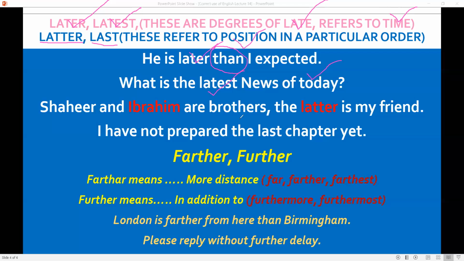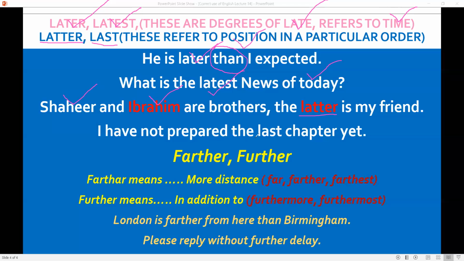Shahid and Ibrahim are brothers. The latter is my friend. Latter means the one who has been mentioned in the sentence at the end. This is the former and this is the latter, who has been mentioned after someone or at the end.